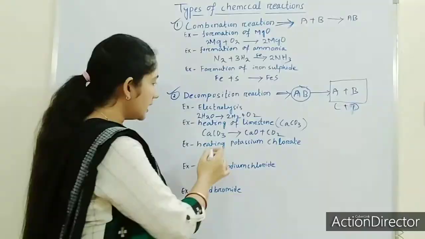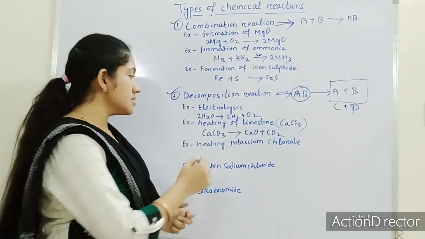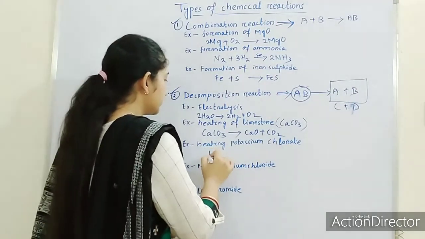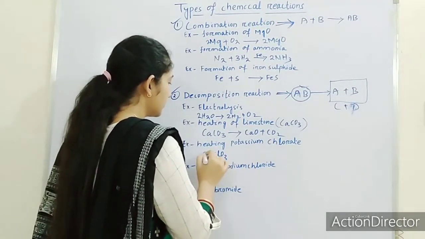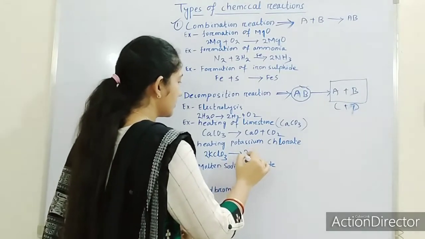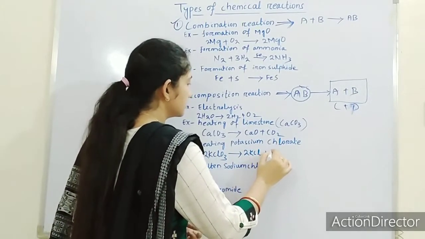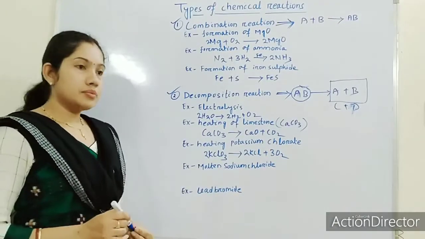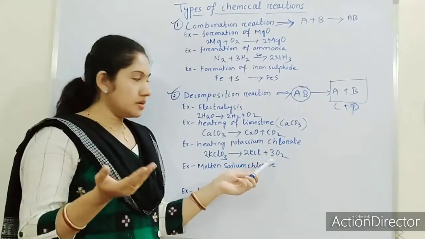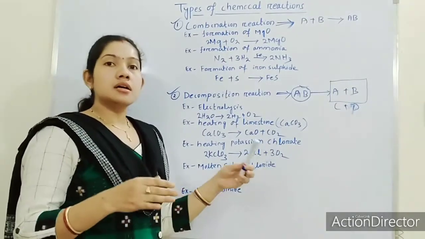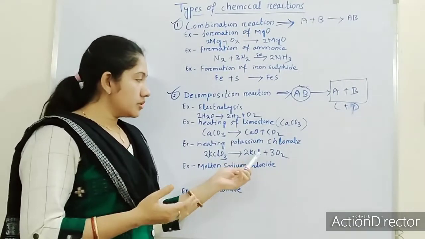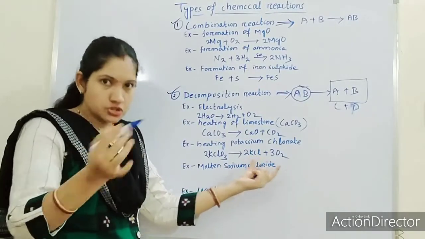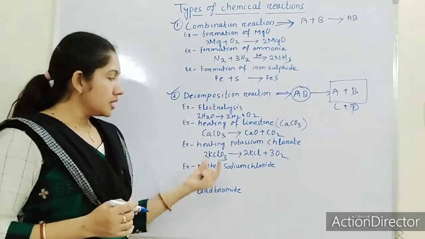The next example is heating of potassium chlorate. So we can write the equation for it. These are the decomposed products we got from the reactant.